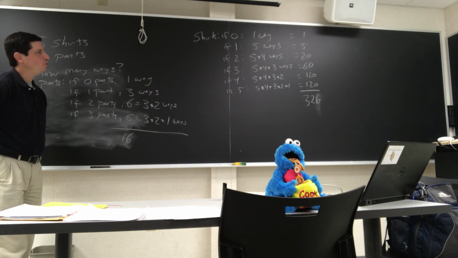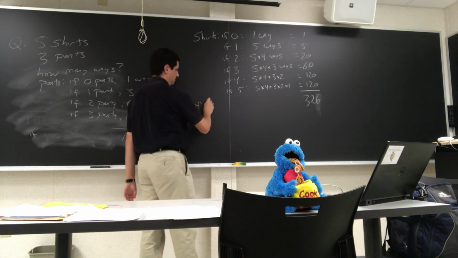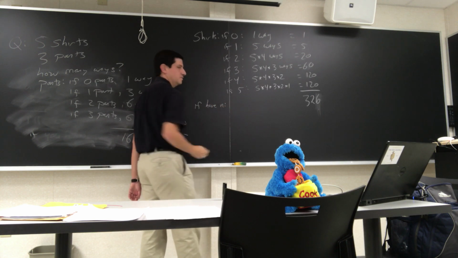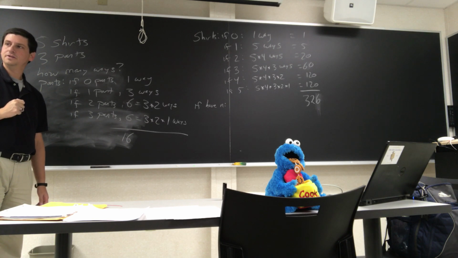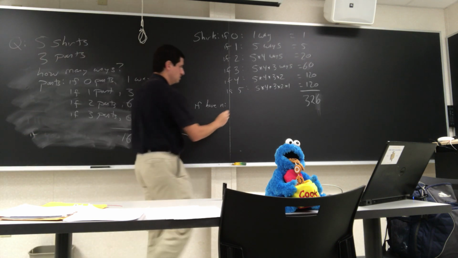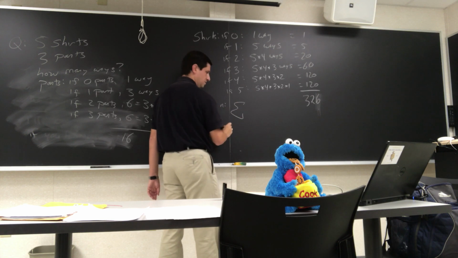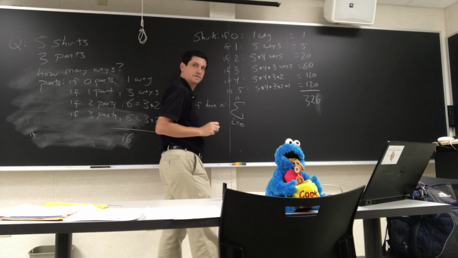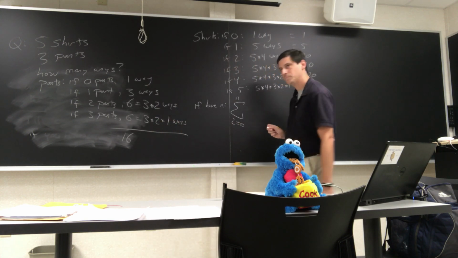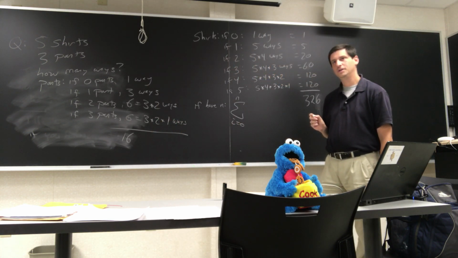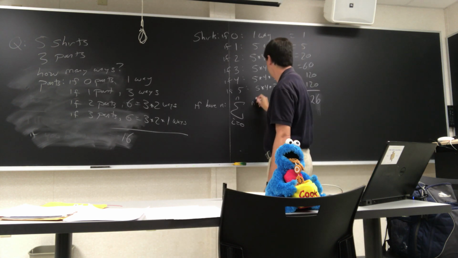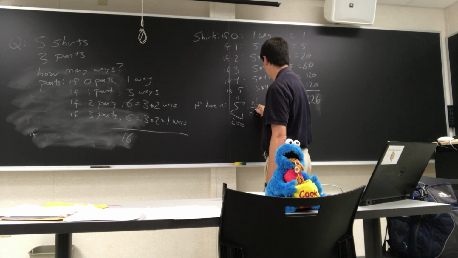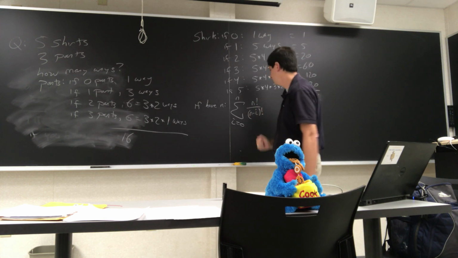So what's the formula if we have n? The summation as I goes from 0 to n of n factorial over n minus I factorial. We'll start I at 1, I think, actually.